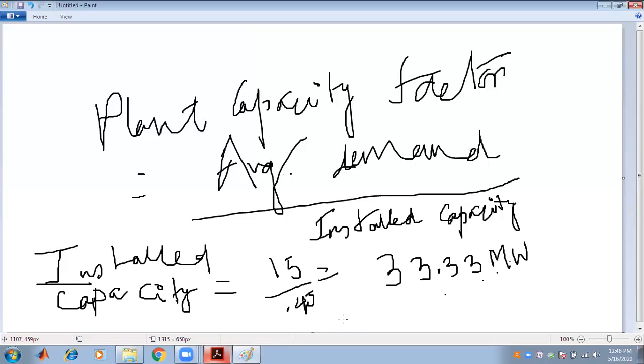Okay, so we have found the installed capacity, 33.33 megawatt.